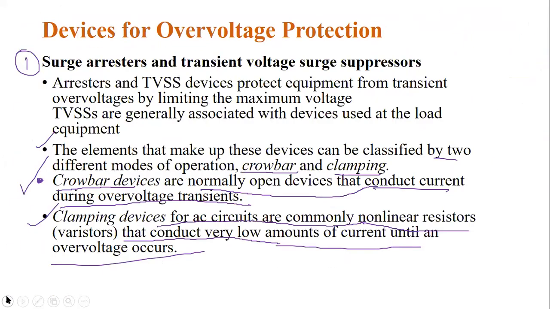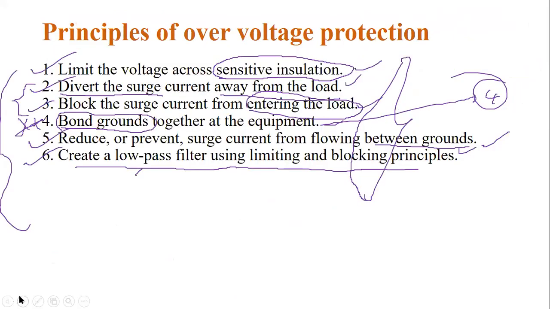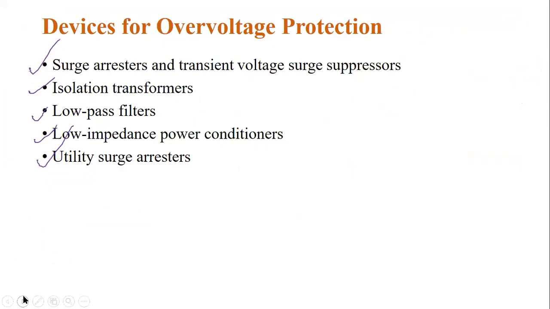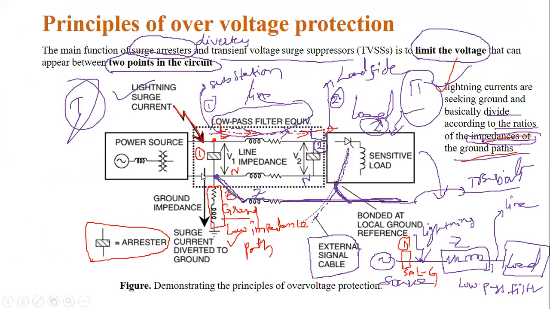Coming to overvoltage protection, these are some principles of overvoltage protection. You can minimize the large amount of currents caused by lightning, and for that purpose we use different types of devices. This is the principle of which side we protect the system: from the substation side you protect the system, and at the same time from the load side.